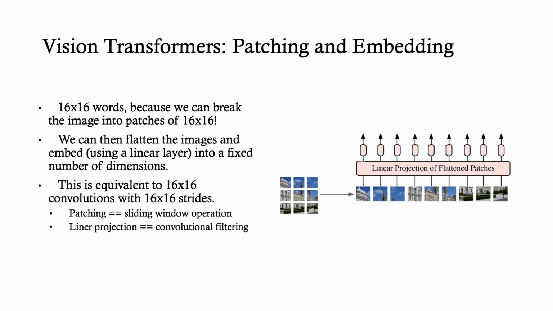This is actually equivalent to a convolution with 16 by 16 kernels and 16 by 16 strides. The patching operation is equivalent to the sliding window operation in convolution, and the linear projection is equivalent to the convolutional filtering process.